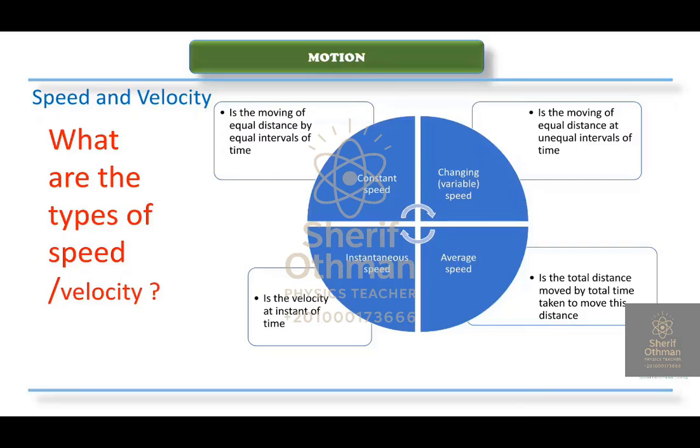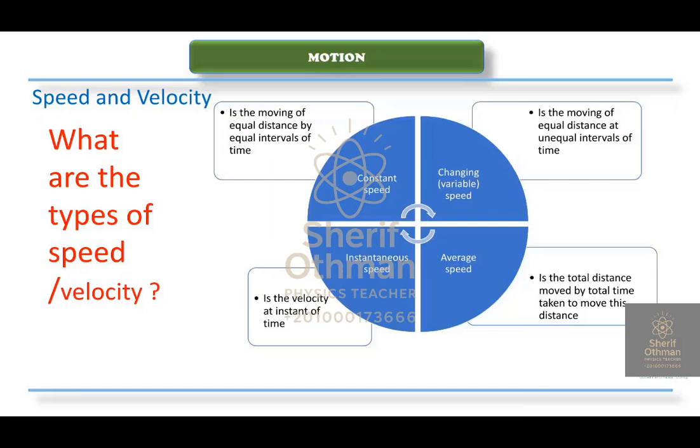40 kilometers per hour is not a constant speed, but it's an average speed. The value of the speed may be higher than 40 sometimes and lower than 40 other times. But by the end, the average is only 40 kilometers per hour. What is the meaning of instantaneous speed? Instantaneous speed is the speed which you measure and notice at a specific time.